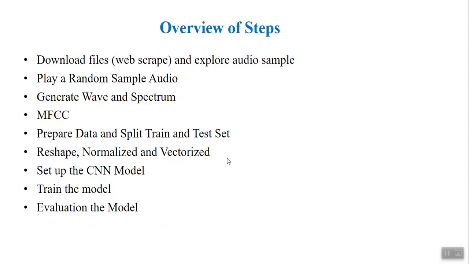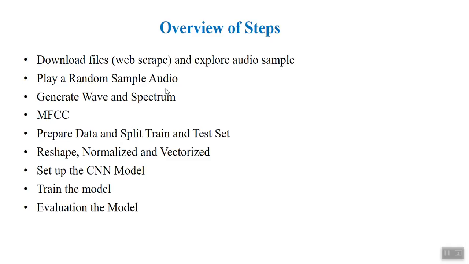The overview of the steps: I will start by downloading the files like I mentioned before, and I want to explore the audio samples a little bit to find out the wave and spectrum figures and see if there is any particular characteristic for each audio sample.